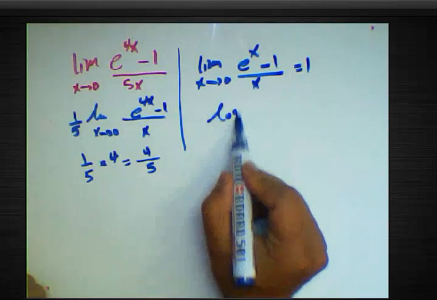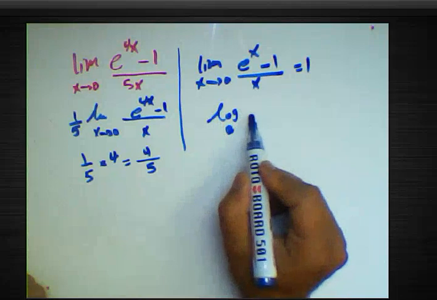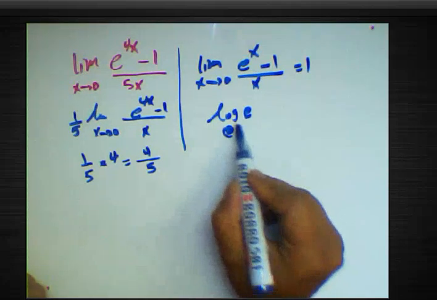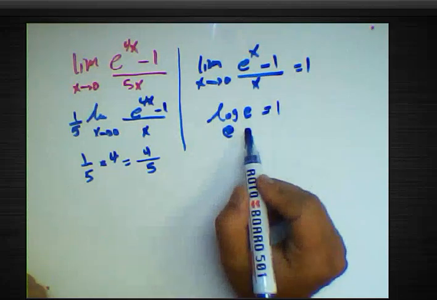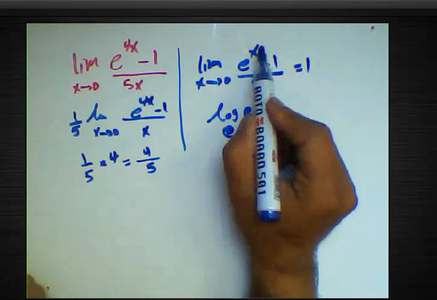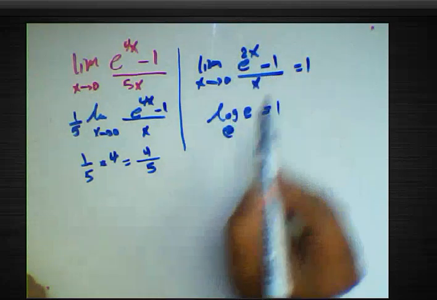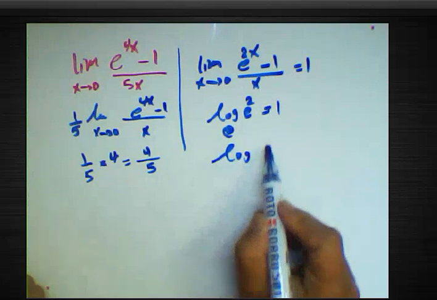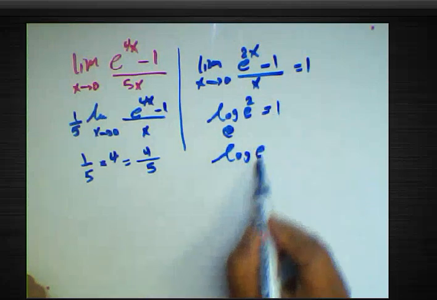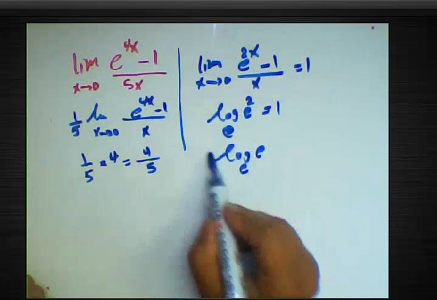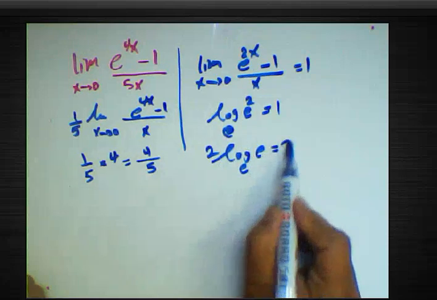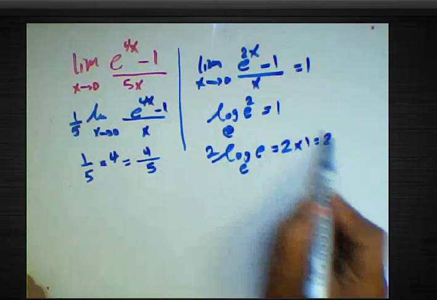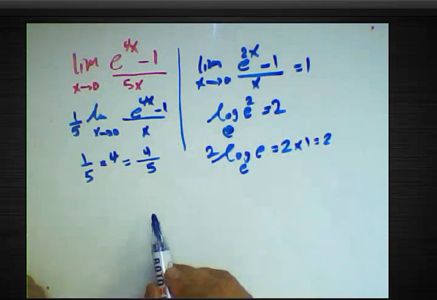Because the result is the logarithm to the base e of e, and the logarithm of e to the base e equals 1. But if we have 2 here, we must put 2 here, so the result will be the logarithm of e to the base e, dropping the power outside, which is 2 multiplied by 1 equals 2. So the result will be 2.